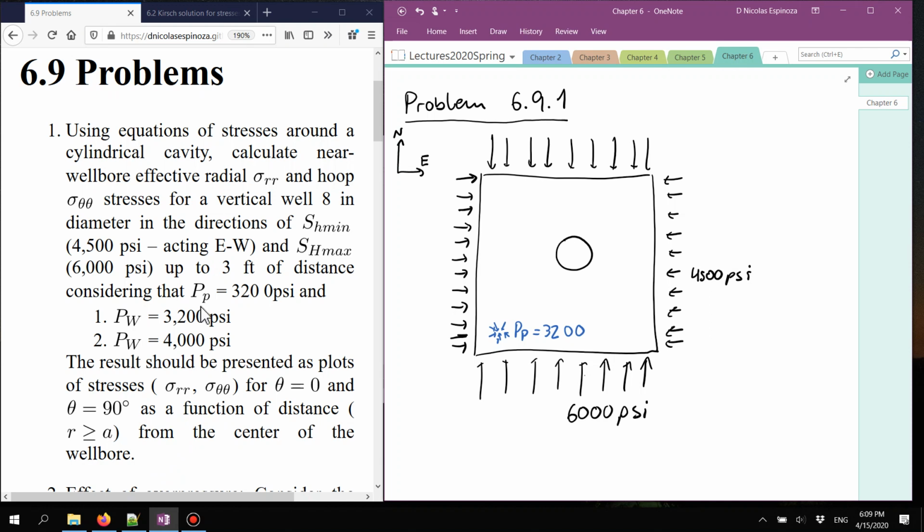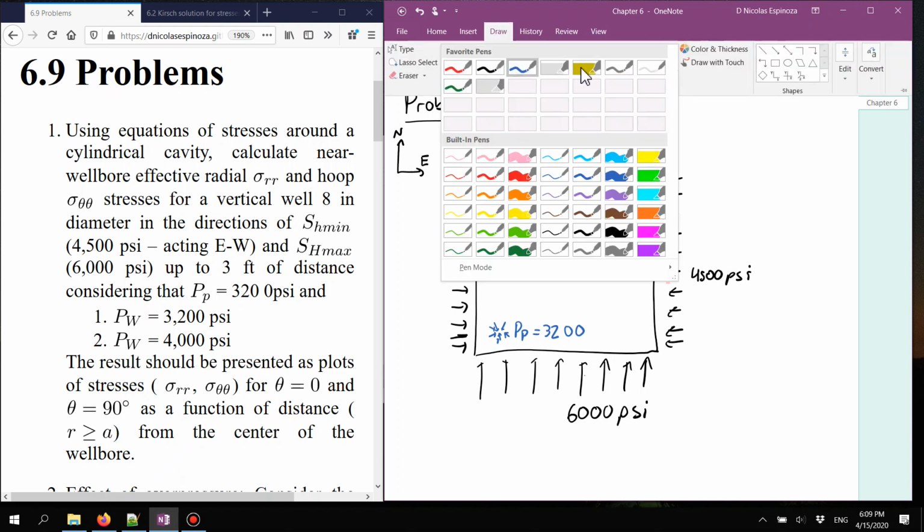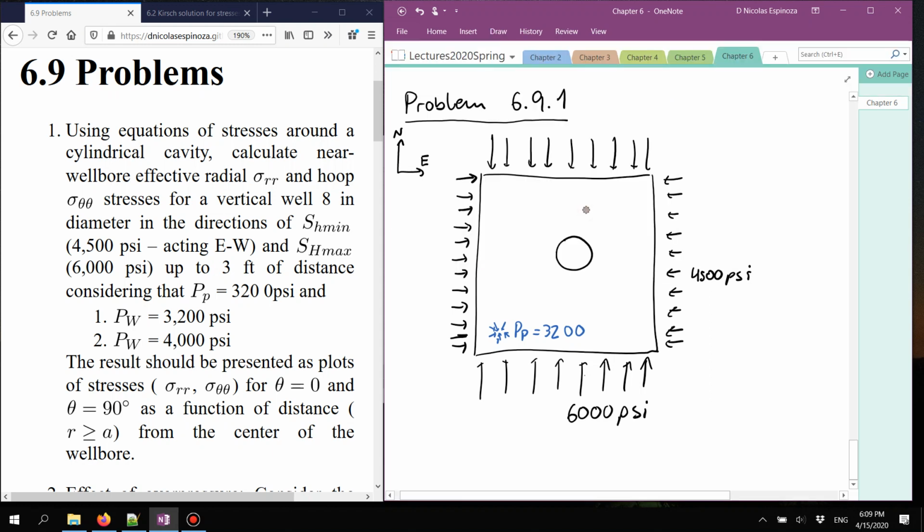Okay, so let's start with the first case, number 1. Then we have a pressure in the wellbore of the mud of 3,200 psi. So this is going to be the pressure in the wellbore going in all directions. And for the first case it is 3,200 psi.